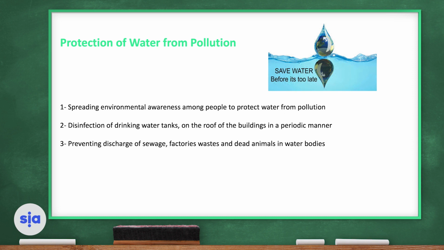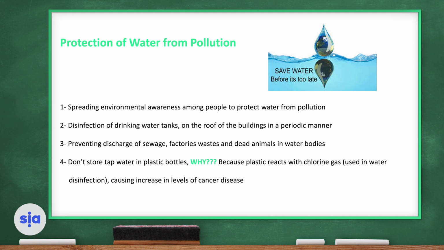We have to prevent factories from discharging their wastes and sewage and discharging dead animals in water bodies. Don't store tap water in plastic bottles, because plastic could react with chlorine gas used in water disinfection, increasing the levels of cancer disease.